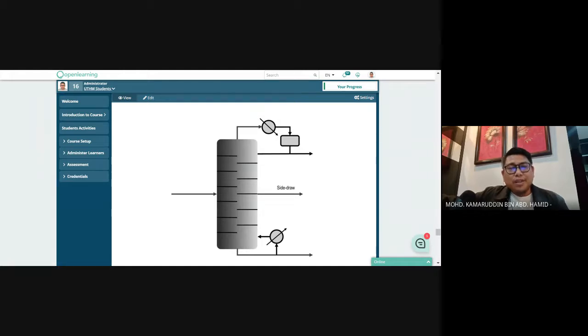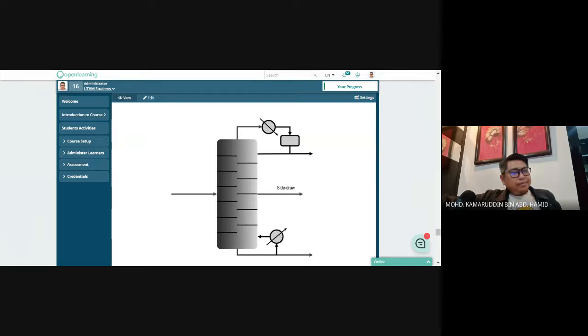For example, dalam crude oil refinery, you ada several side draw dalam tu. Dia ada term dia yang khas.